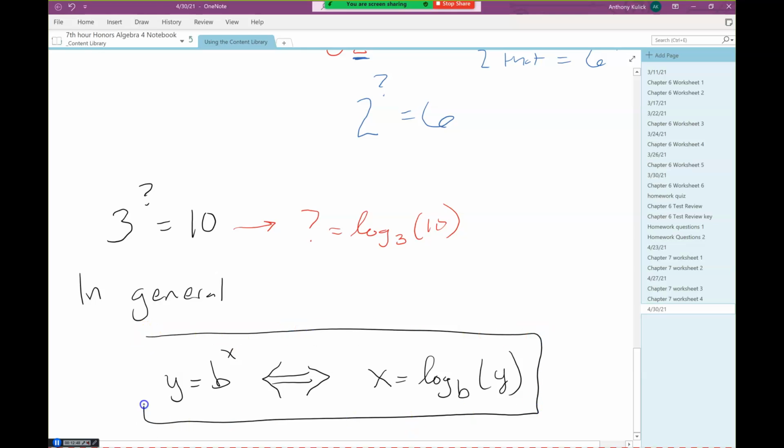This is what we use to define a logarithm.